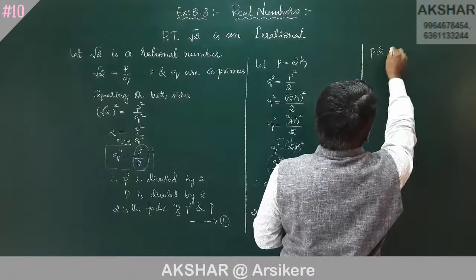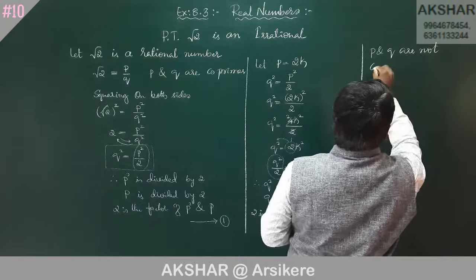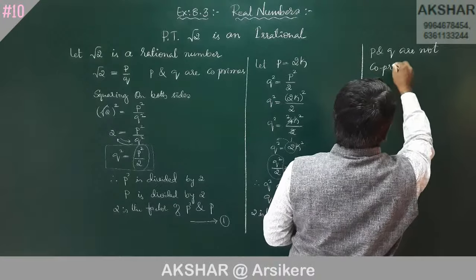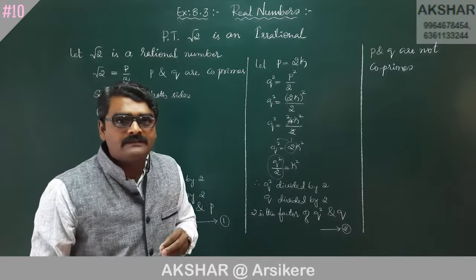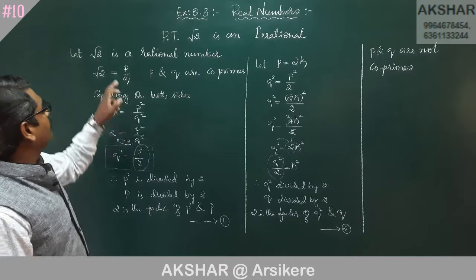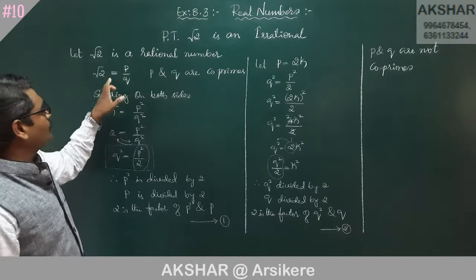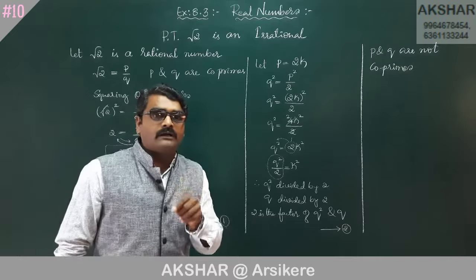P and Q are not co-primes. Then our assumption is contradictory. What we assumed? Root 2 is equal to P by Q. Our assumption is wrong.